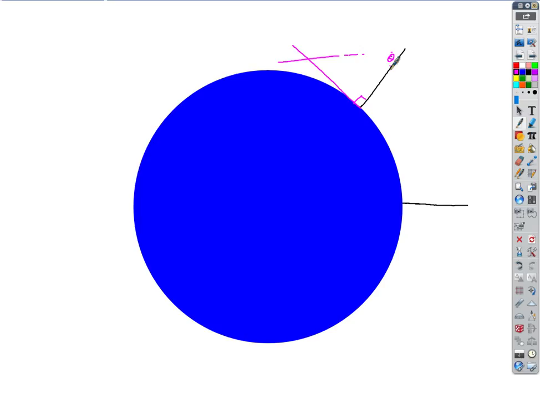Then if we continue these lines in towards the center of the Earth, would you agree that if that's the angle theta, then this is going to be theta too?